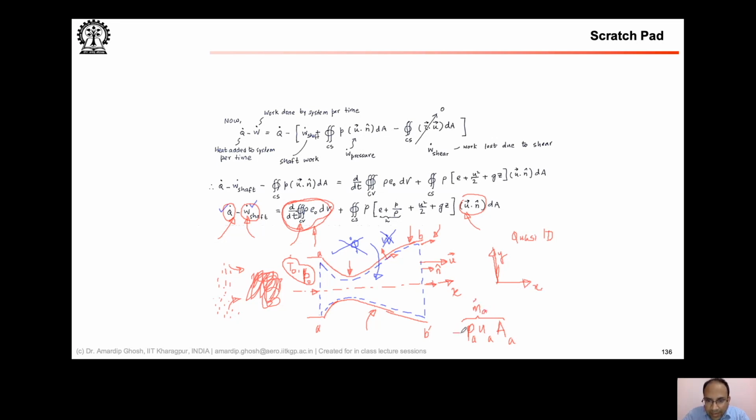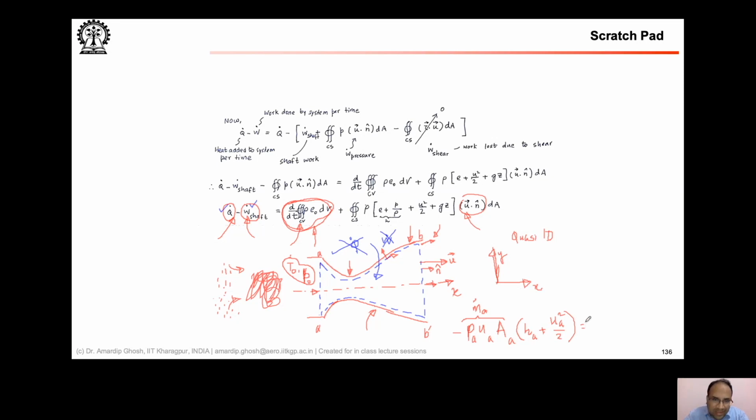So negative, because your u dot and your n dot are oppositely directed. So minus of this times, this is the interesting part, h at A plus u at A square by 2.